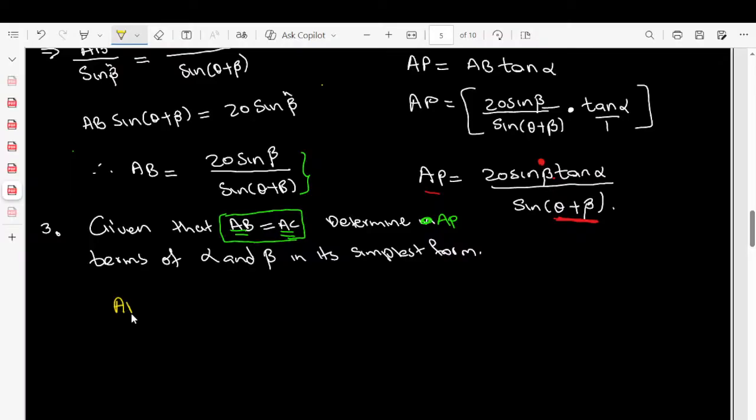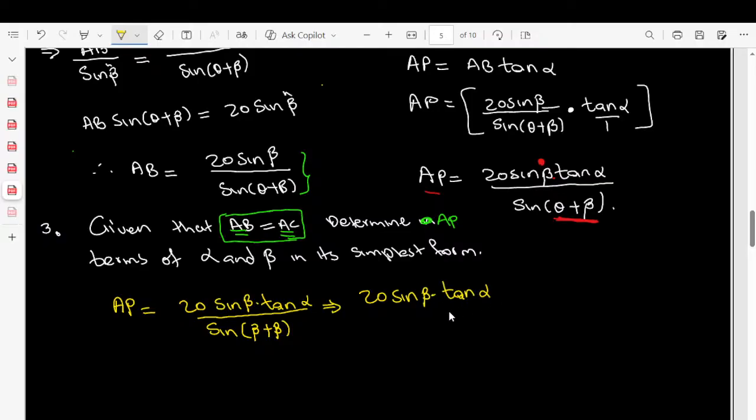So AP equals 20 the sine of beta times the tan alpha, then I can write the bottom as the sine of beta plus beta, and if we add those two, we have 20 the sine beta times the tan of alpha, and everything is divided by the sine of 2 beta.